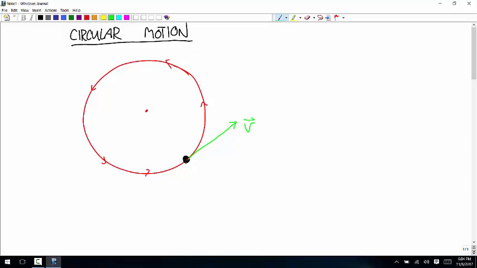We already know that the parallel part of the acceleration is in the same direction as the velocity if it's speeding up, and the opposite direction if it's slowing down. So this would be what it looks like if the thing was slowing down at this instant.